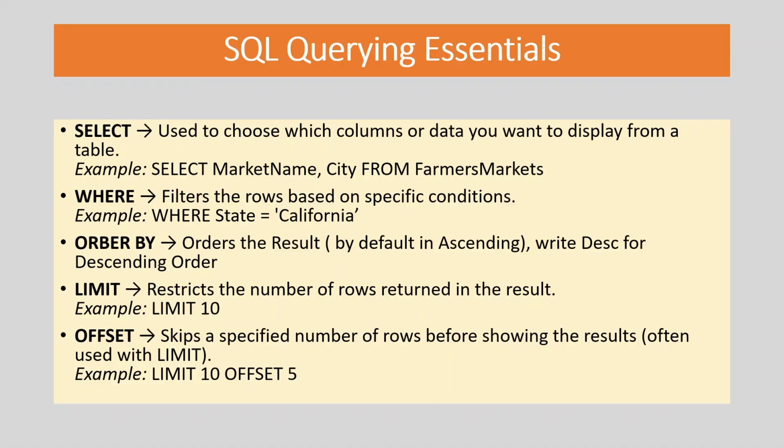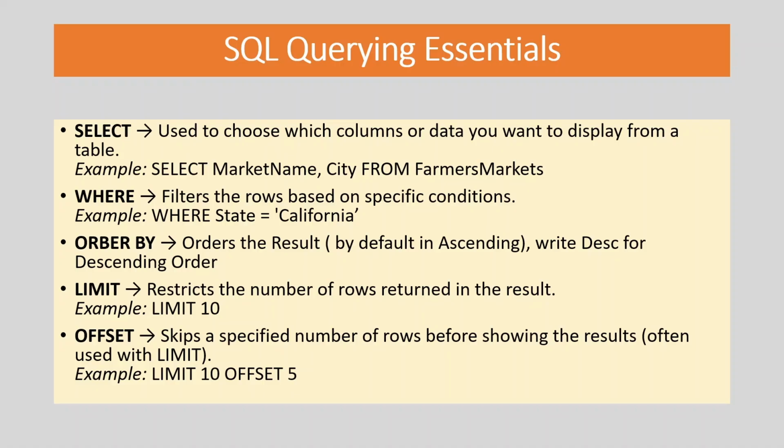And next is the where clause. Where clause basically filters the rows based on a specific condition. For example, when you write where state is equal to California, the output will have the data which is only related to the state California. So where is basically used for filtering the data set. Okay, and then we have the order by clause.